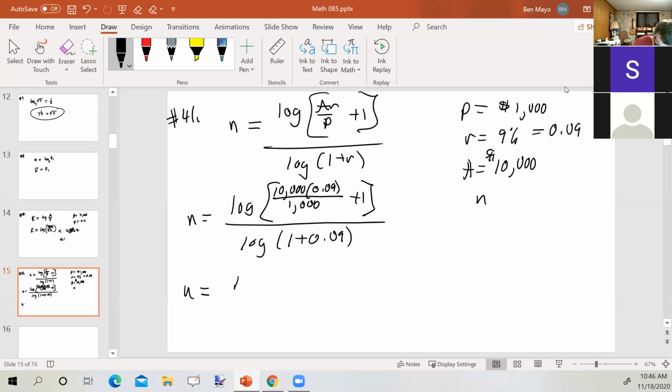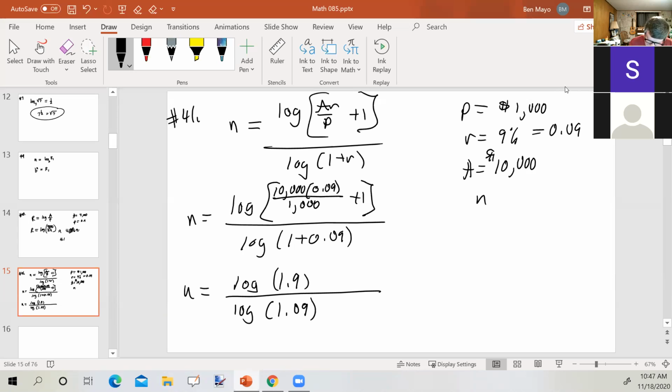So again, I'm going to simplify. If I take 10,000 times 0.09 divided by 1,000, I get 0.9 plus 1, I get 1.9. And the bottom I get log of, let's see, is that right?